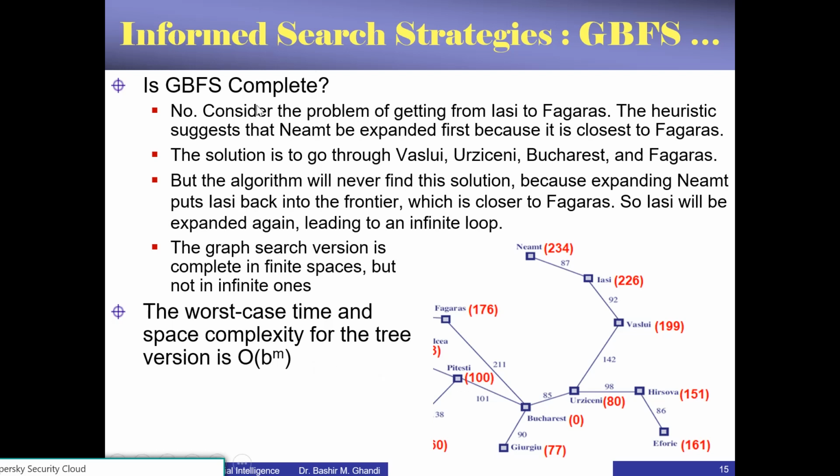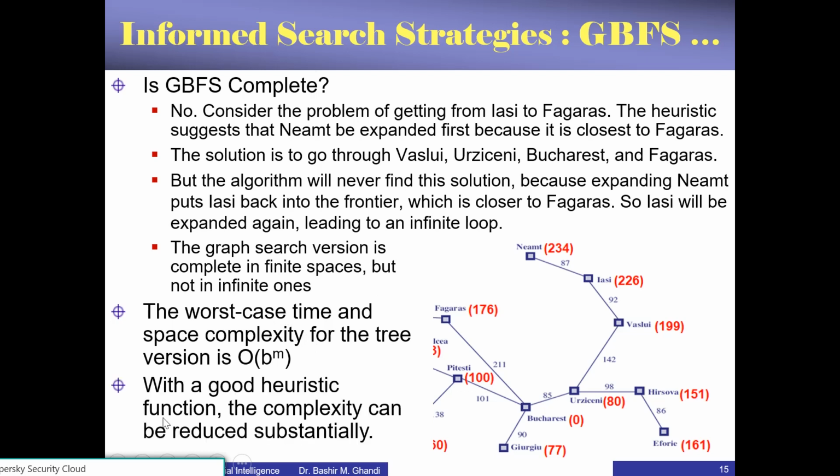The only thing the heuristic functions are trying to do is to see if they can reduce the m, because the more we can reduce the m, the better result we will have. But theoretically, the running time is still exponential. Yes, so this is what I'm saying here, that with a good heuristic function, the complexity can be reduced substantially.